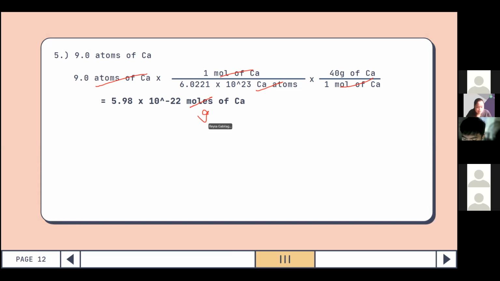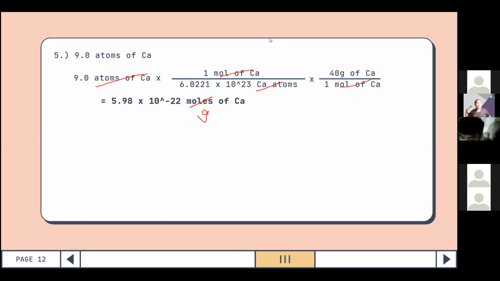This is still grams of calcium. Okay, so I think that's it. This one is a very short na activity actually. You just have to be careful with your units and yung ibang given dyan sa problem.